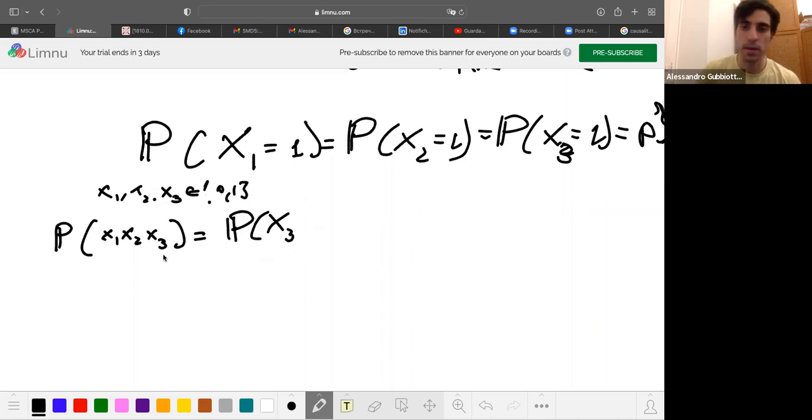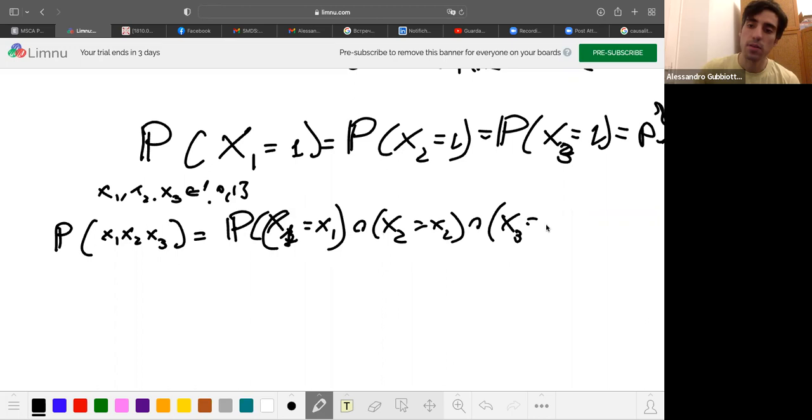Okay, we are writing the generic element of omega, the general outcome. So this is equal to the probability that capital X1 is equal to little x1, and capital X2 is equal to little x2, and the third digit is equal to x3.